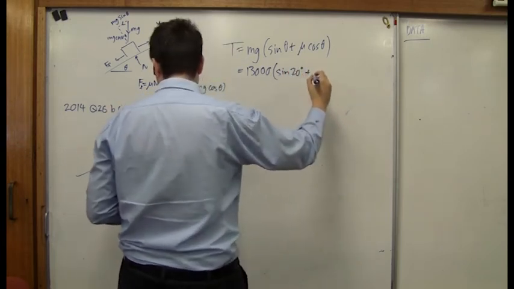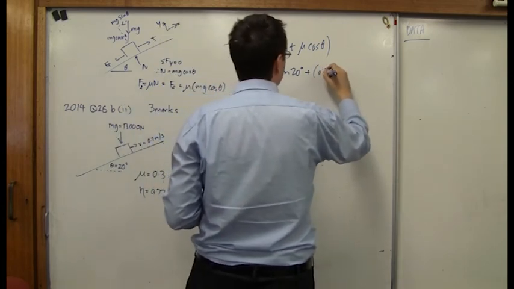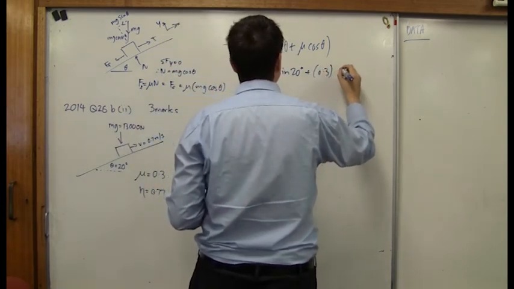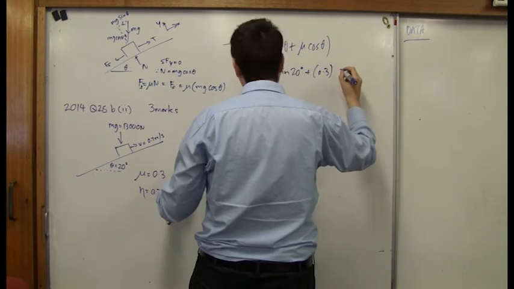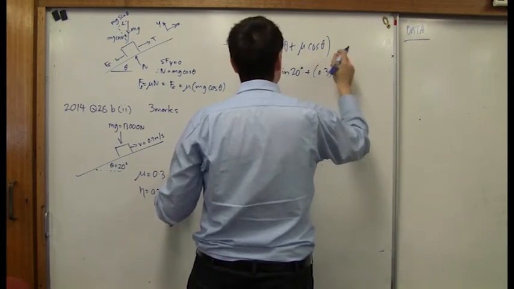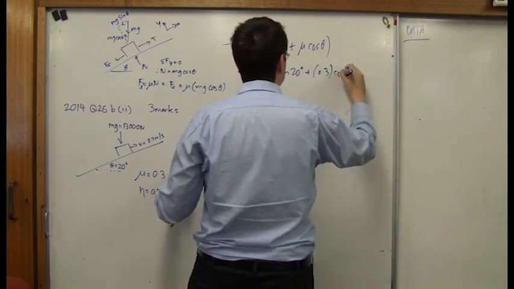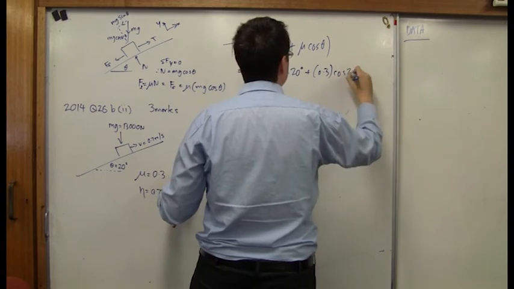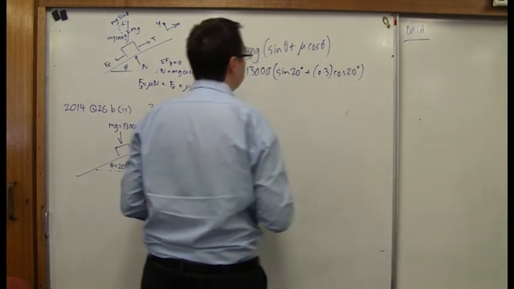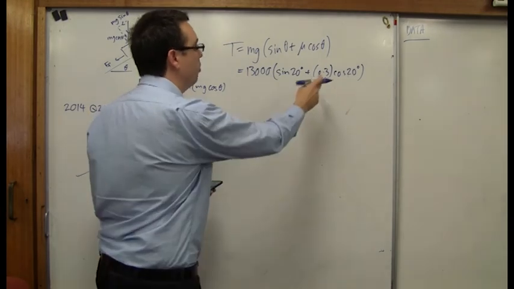plus mu, which is given as 0.3, times cos 20 degrees. Okay, so how do I type that into a calculator? Well, I start with the most complicated part.